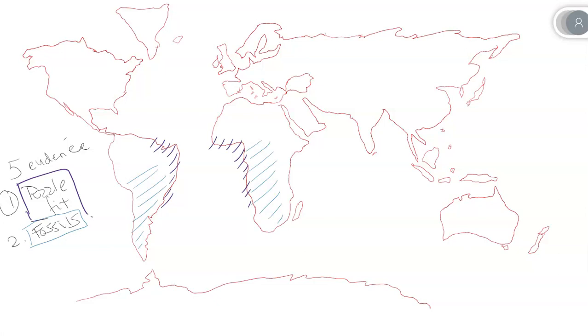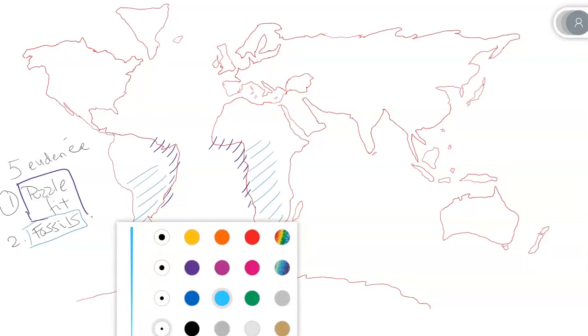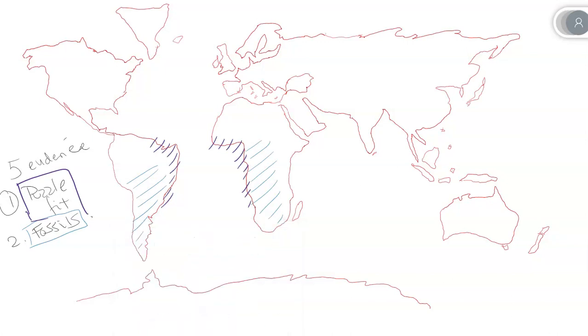The other fossil, let's do a lighter blue, was the plant fossil, and that was found all over Gondwana, which was the whole of Africa, South America, parts of Italy, India, and the country of Australia, or Australasia as the continent, and obviously Antarctica as well down here.